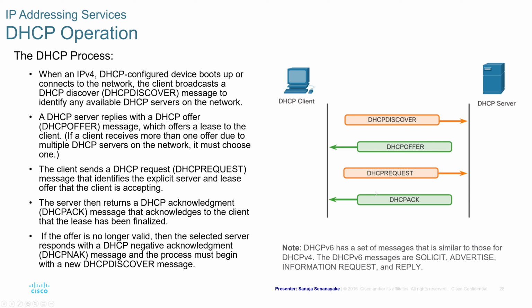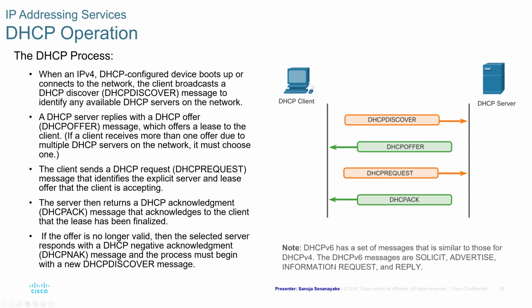And then the client sent a message back, the DHCP request, that identifies the server and the offer information. And then the DHCP server comes back with the DHCP ACK message, which is an acknowledgement that this client will be using that particular IP address and information retrieved from that DHCP server.